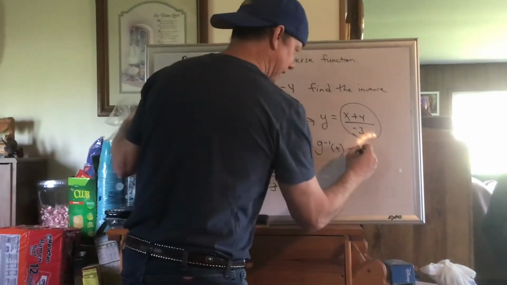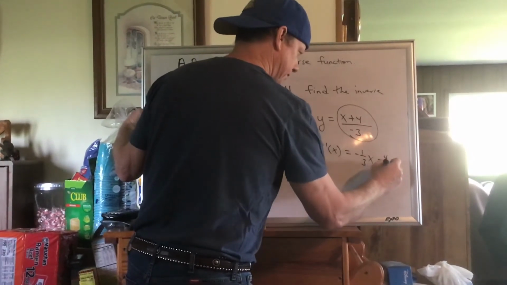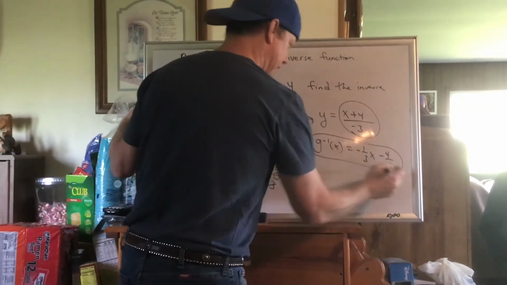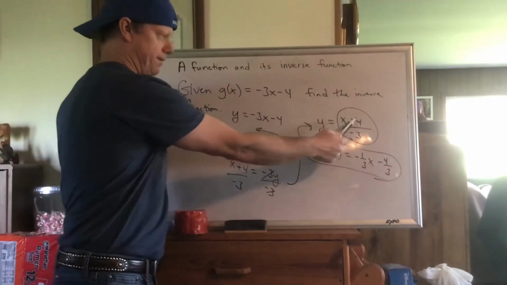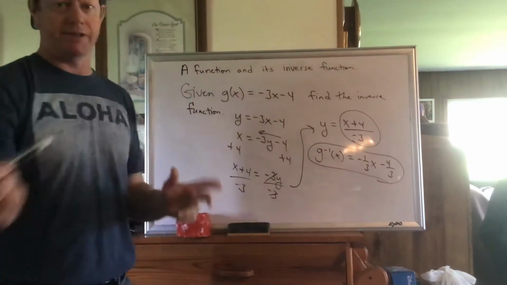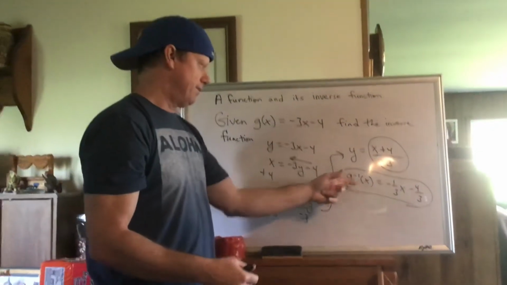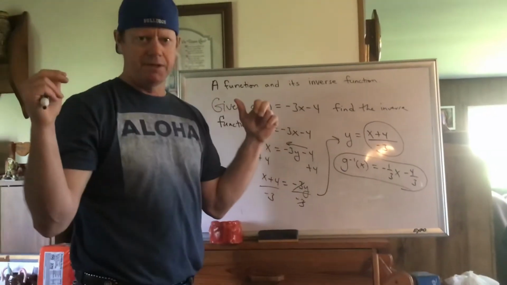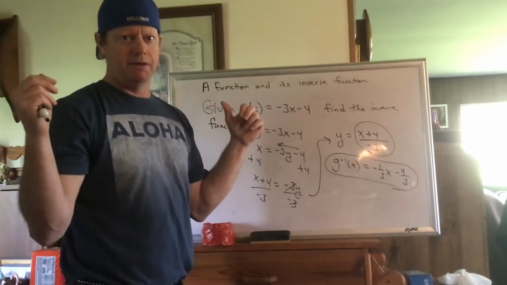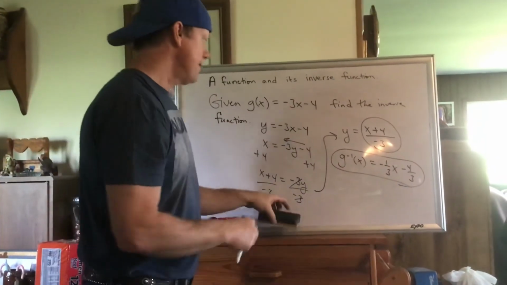Or you could write -1/3 x - 4/3. Either way you go, (x + 4) all divided by -3 and this guy right here are the exact same thing. So I'm going to do one more, and these are the steps algebraically, given a function, on how to find an inverse function.